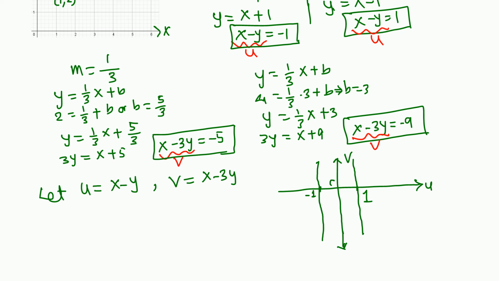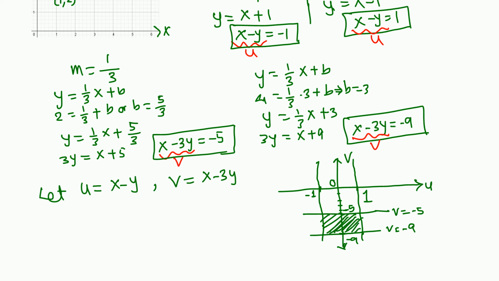So this is 0, 1, 2, 3, 4, 5. Okay, I have not scaled this, but let's say this is -5. We don't have to be exact anyway. V equals -5 and V equals -9 somewhere. This is U.